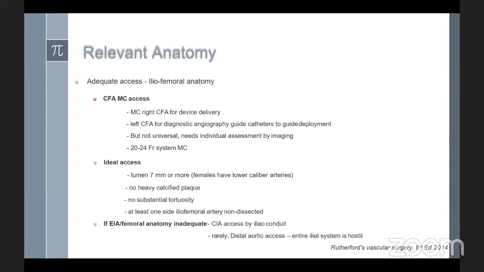The ideal access lumen has to be 7 millimeters or more to have a good caliber for the device to access. It should not be heavily calcified. There is no substantial tortuosity. And at least one side of the vessels is not diseased. And if the femoral or the iliac artery is inadequate, there's something called an iliac conduit that can be done to insert the devices.